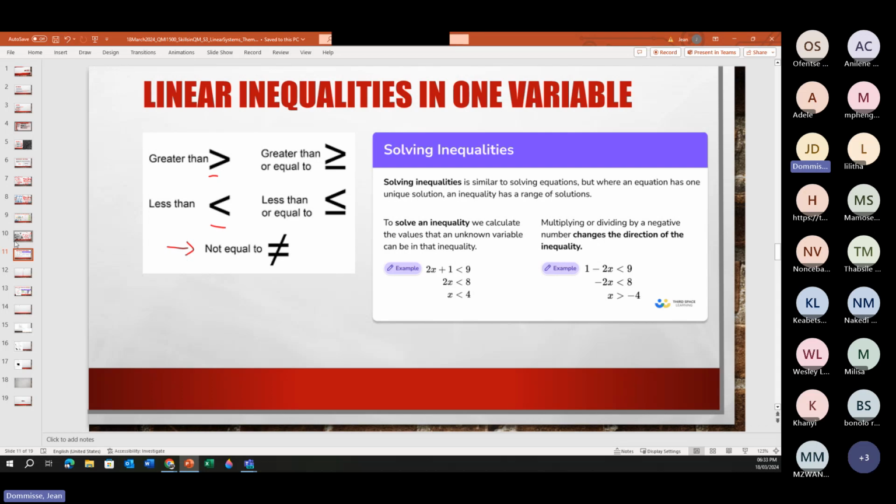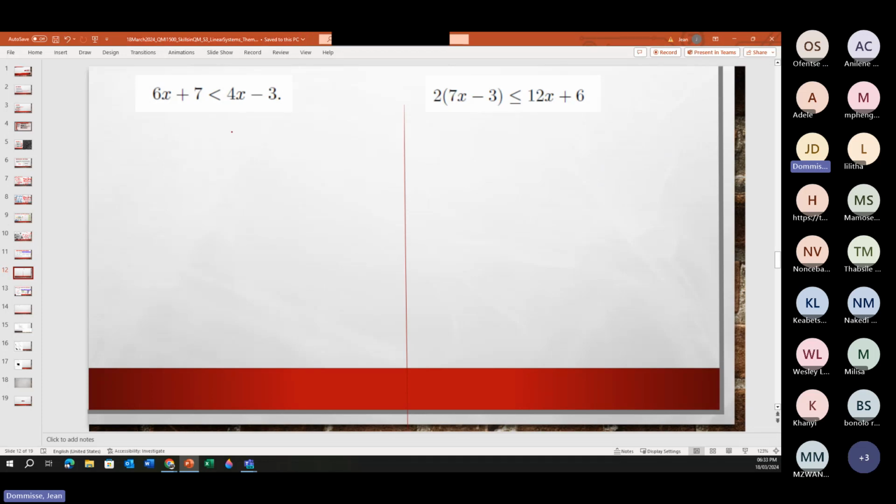Okay, inequalities, we will quickly go through the same format as the previous one. We've got two examples where we've got inequalities with one variable. So again, we do exactly the same as we did when it was just a linear function.